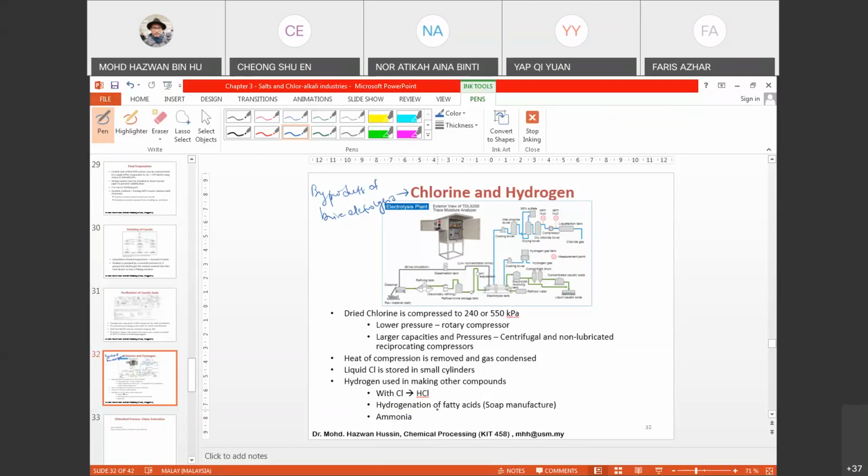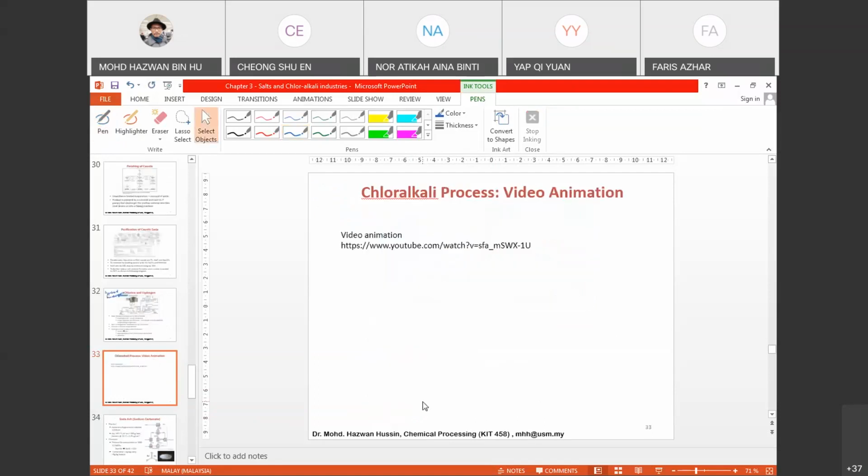Of course, hydrogen is important for hydrogenation process, and finally for the production of ammonia from Haber process, where you react nitrogen with hydrogen gas. Right, video animation, probably you can watch the YouTube link, and I guess maybe later on once we have done with soda ash, if we still have time, we can watch the video.